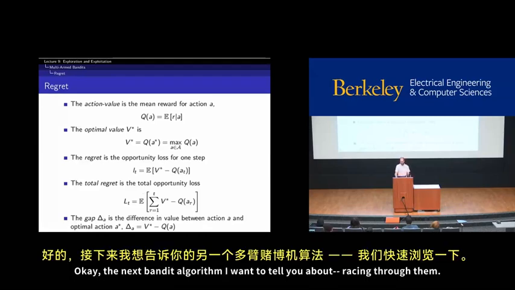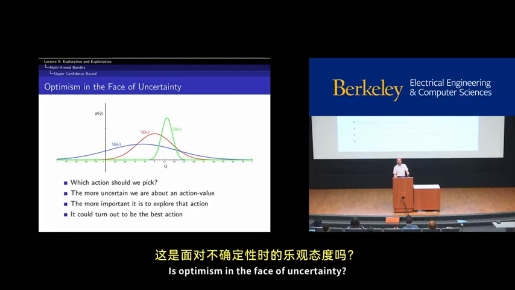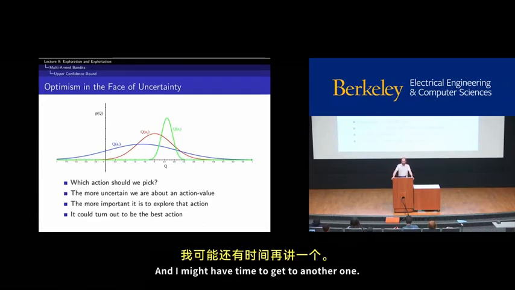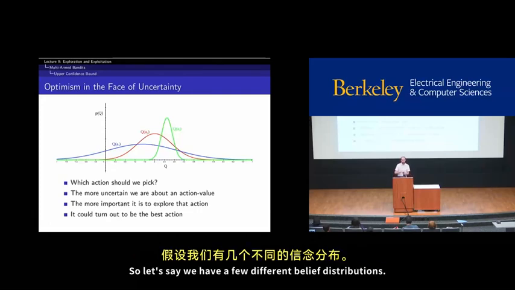Okay, the next bandit algorithm I'm going to tell you about, racing through them, so please feel free to stop me with questions about previous ones if you want reminders, is optimism in the face of uncertainty. And I might have time to get to another one, but even so, I think I like this one the best. So let's say we have a few different belief distributions.